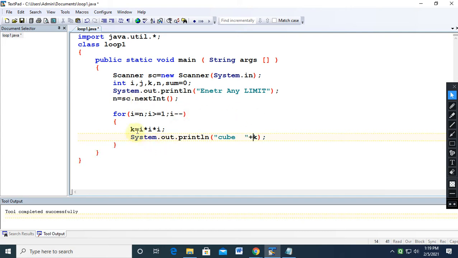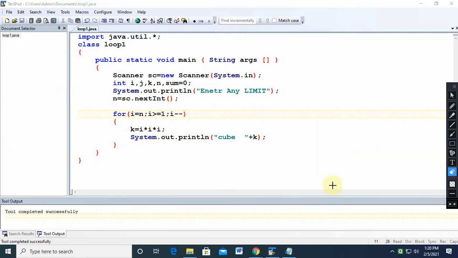In this program, the starting point has to be n, the last point has to be 1, and we decrement. Why? Because we are working on natural numbers, and every time we multiply, we get the cube and store it in k. Then after that we print k. Am I clear on this? Please do the required correction.